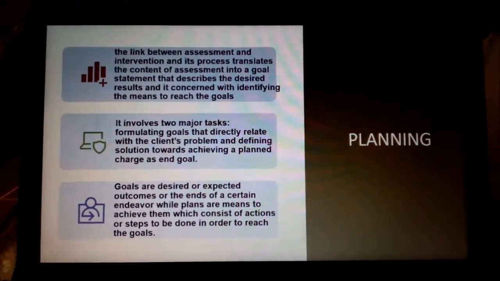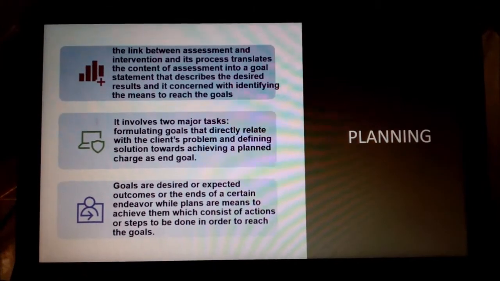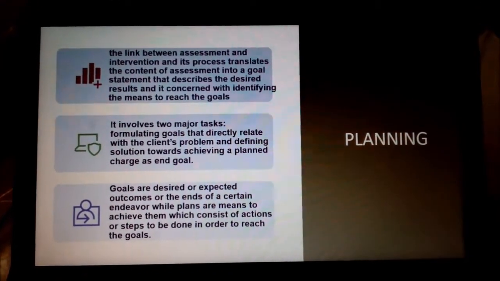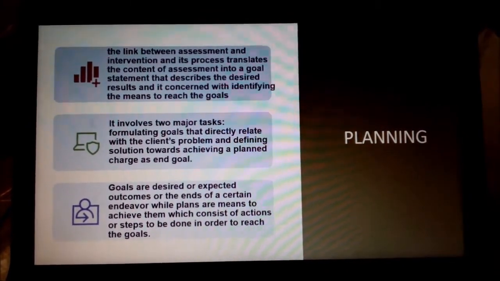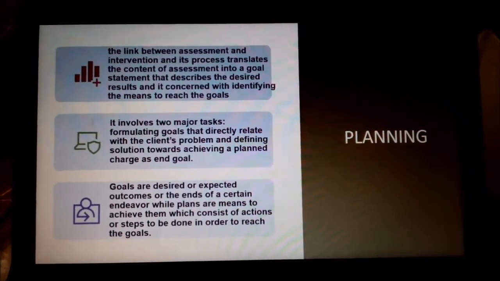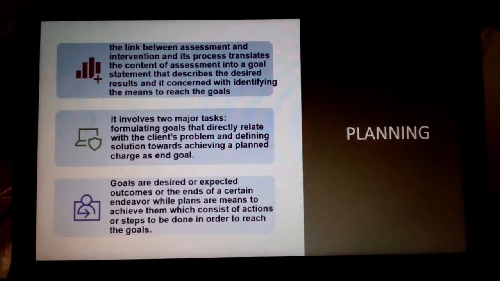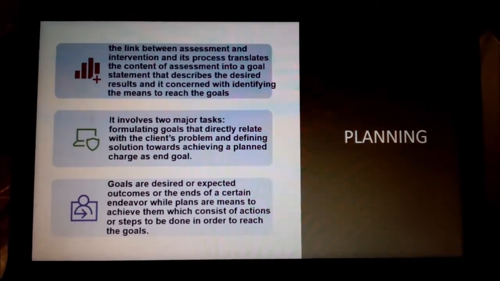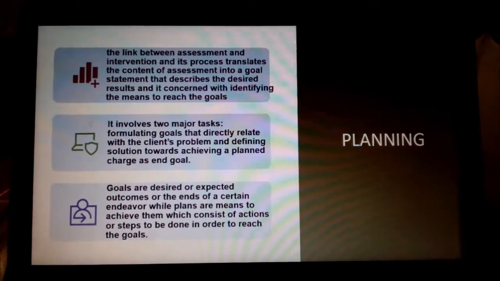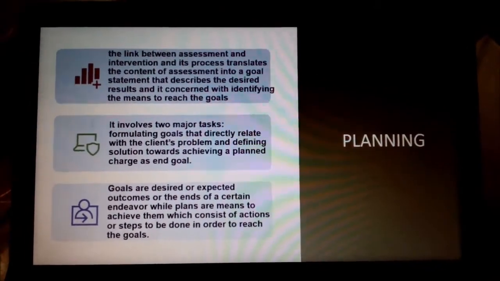So the desired result should be assessed very well. You need to plan, the goals and outcomes should be expected, and the plan must consist of actions or steps to be done in order to reach the goals. So the most important thing aside from assessment is planning.